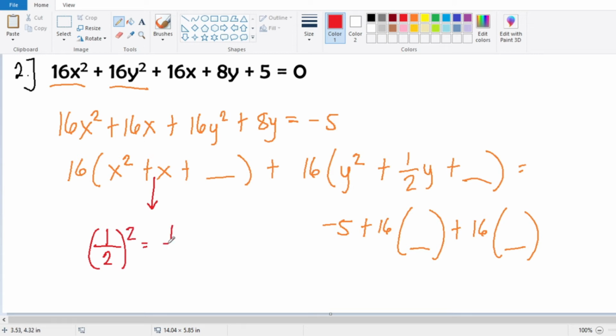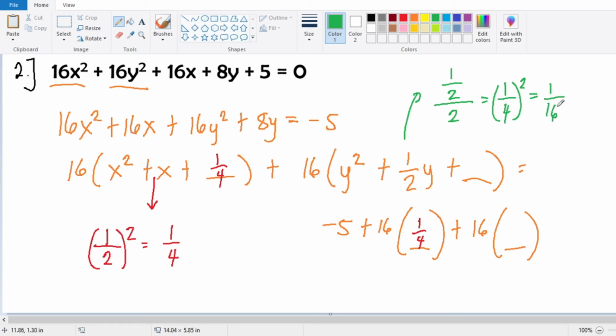So, you have 1/4. Yan. So, 1/4. Next, you have here 1/2. So, si 1/2 dyan, i-divide mo pa siya sa 2. So, the answer here is 1/4. And then, you have to square that. So, you have 1/16. So, 1/16.